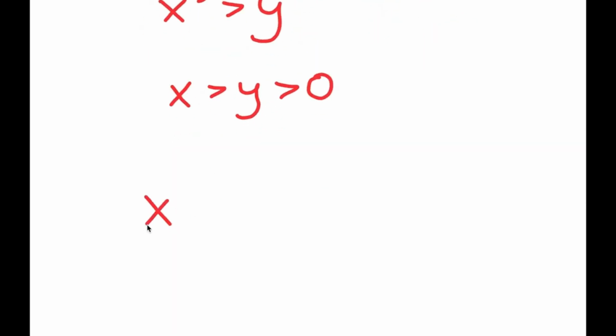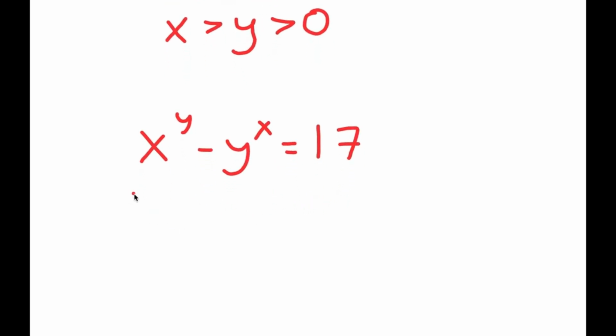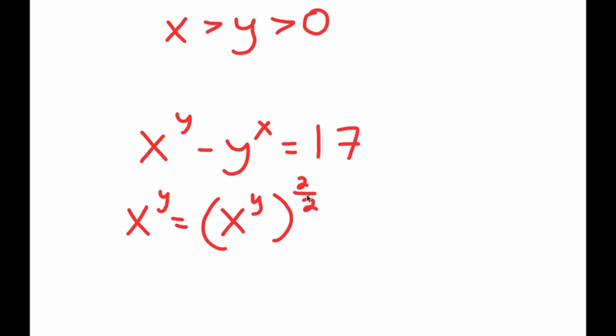I'm going to rewrite my equation here. x to the power of y minus y to the power of x is equal to 17. And x to the power of y, I can rewrite this as x to the power of y to the power of 2 over 2, because 2 over 2 is the same thing as 1, and x to the power of y to the power of 1 is the same thing as x to the power of y.